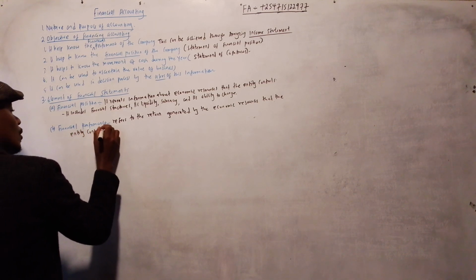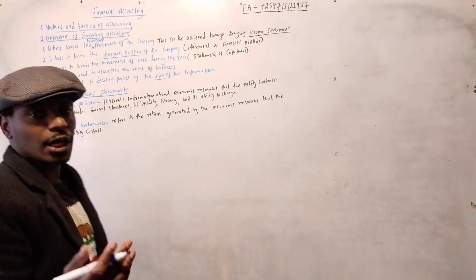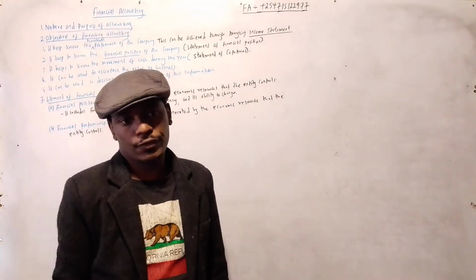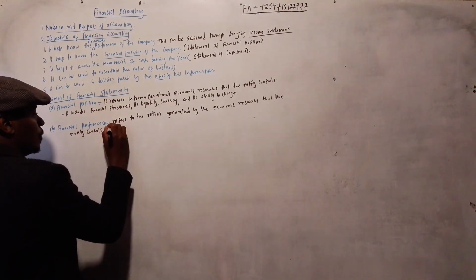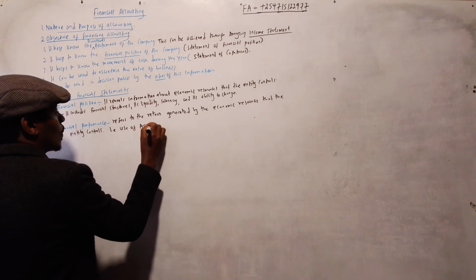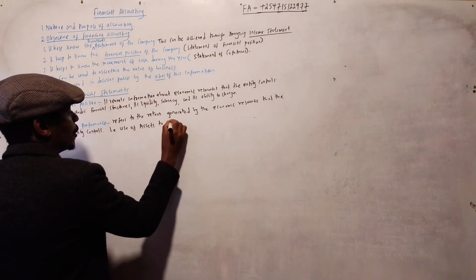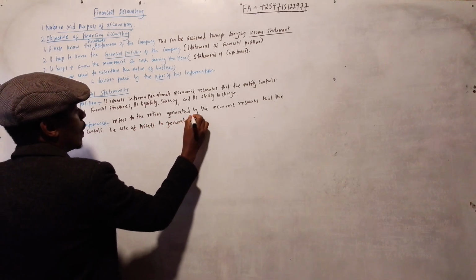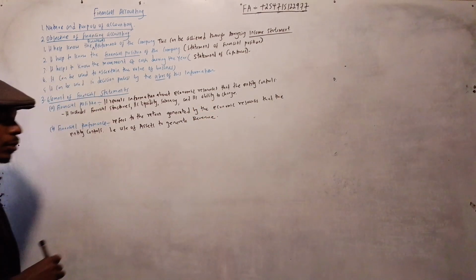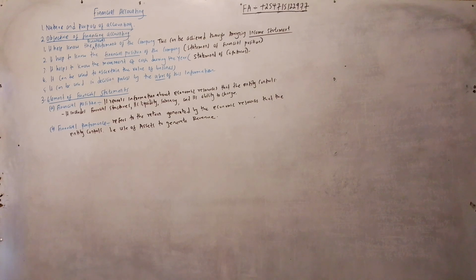For example, the company can use its economic resources, for example the assets, to generate revenue. So, i.e., use of assets to generate revenue. It's a good example of the financial performance.